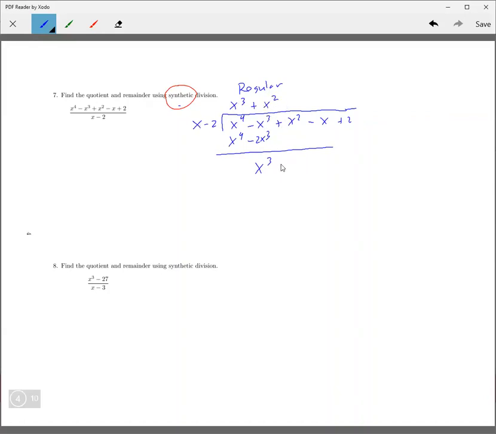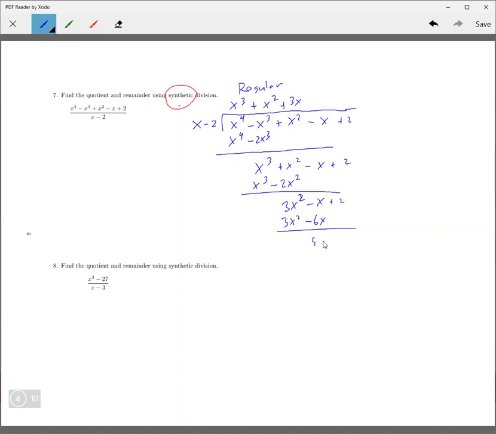So multiply by it, I'll bring these down. x squared times this is x cubed minus 2x squared. Subtracting gives you 3x squared. So the next one's going to be 3x. Multiplying, you get 3x squared and then minus 6x. Subtracting gives you 0.